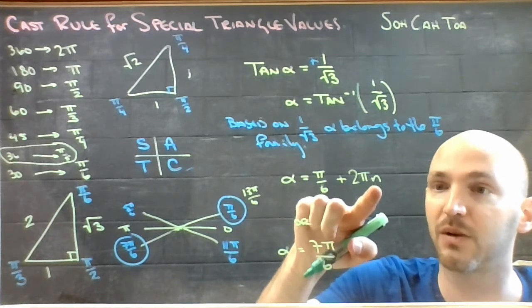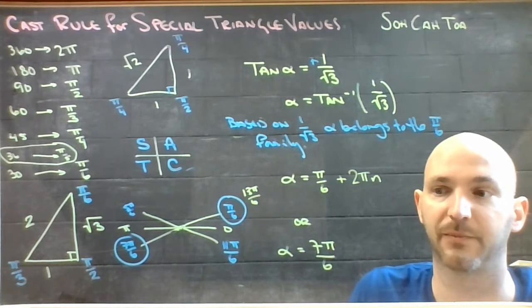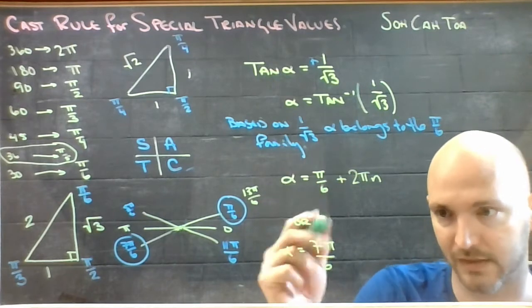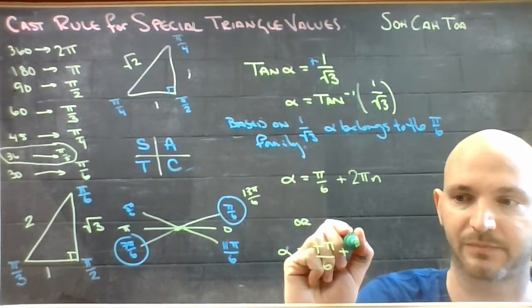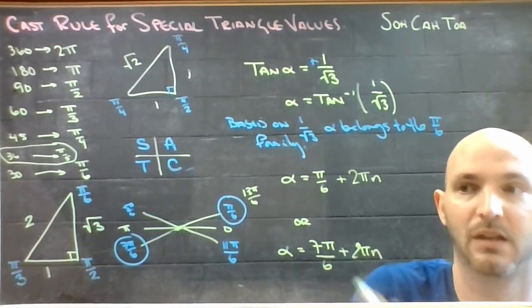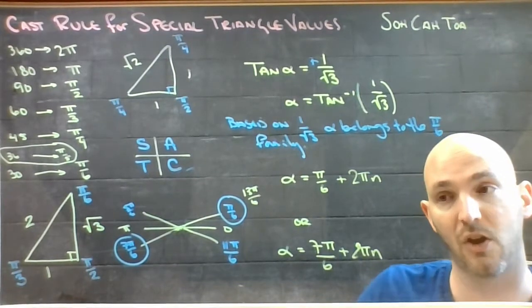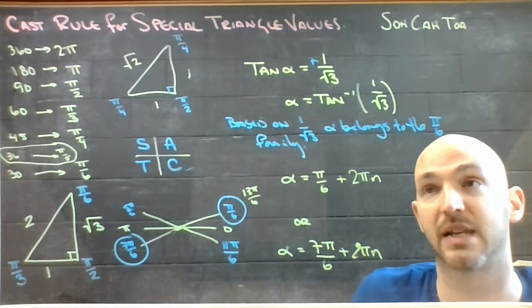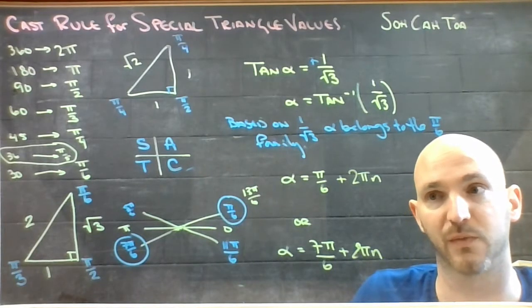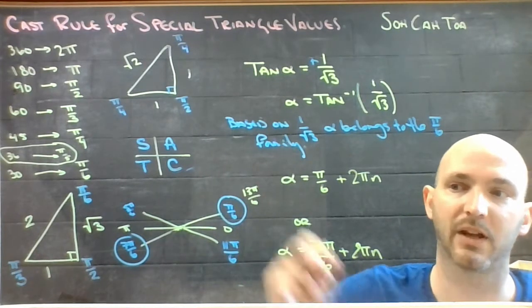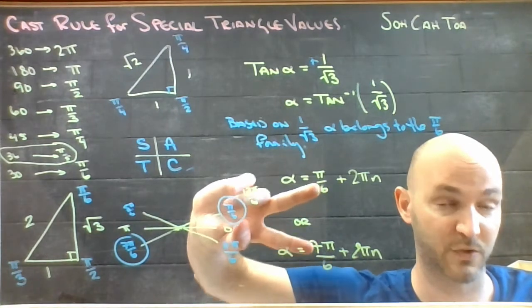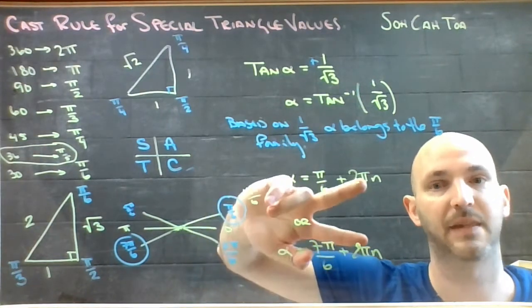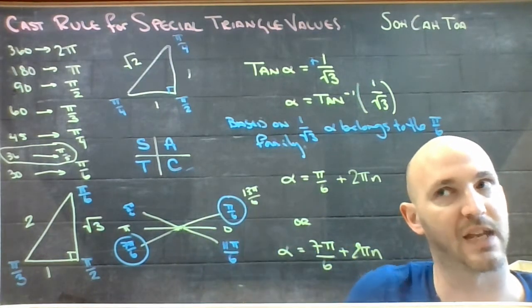Any integer number of full circles. This, of course, applies down here as well. And I have my full set. All of the angles possible that satisfy tan alpha being positive 1 over root 3. And not only are there 2 solutions, two root solutions, but then there's an infinite number of rotations after that.